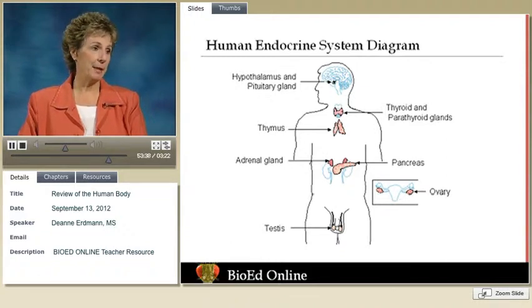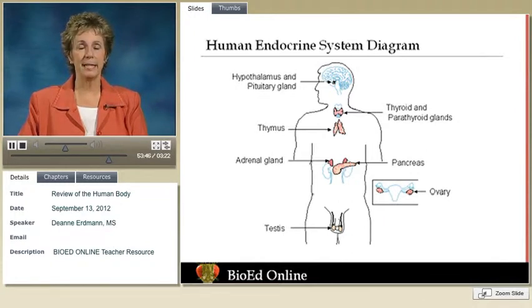This is just a little location of the different endocrine glands in the body. You can see the hypothalamus and pituitary gland, and that's an important connection because the endocrine system is controlling a lot of these activities, and that's a lot of what the nervous system does as well. So they need to be able to coordinate, and that's where that happens.